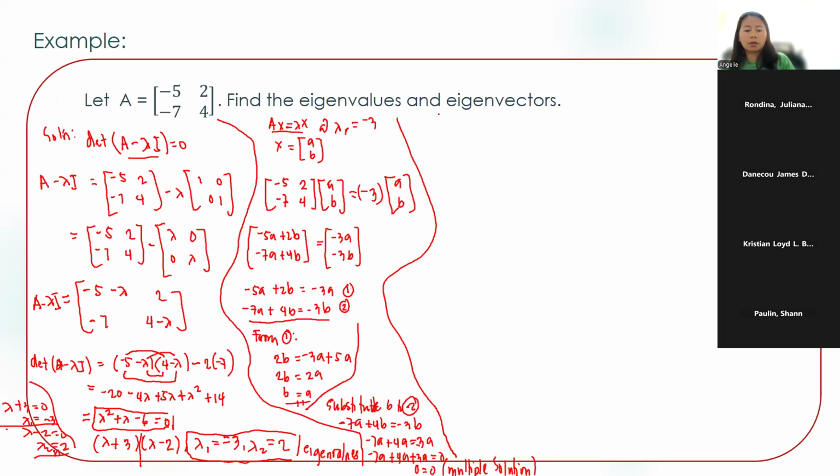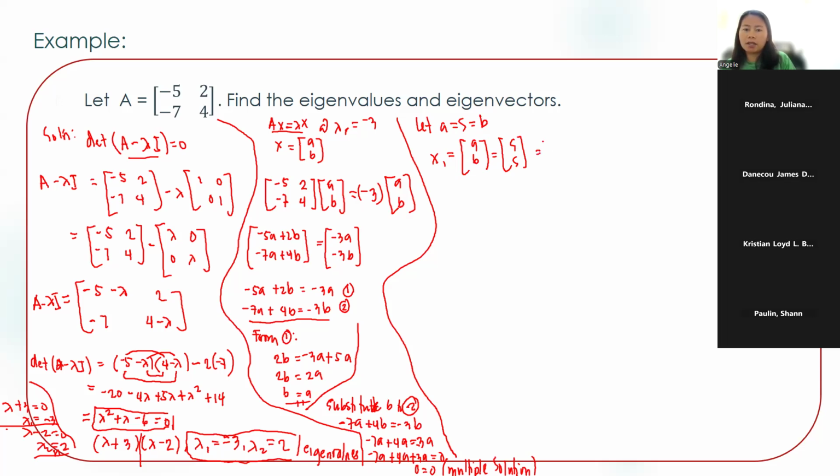Right. Now, since it has multiple solutions, we let a be any scalar s, for example, any number s. Then your b is just equal to s. So for the first eigenvector, this is a and b, right? We can get the vector s and s. They are equal, so a is s, b is s.